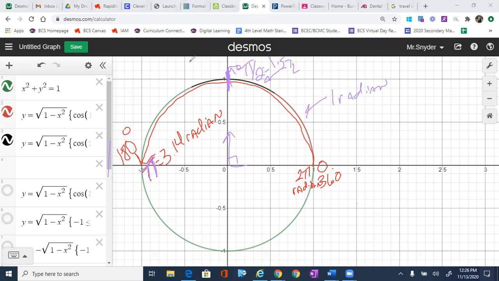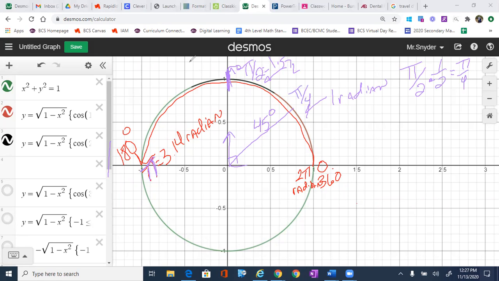Well, what if I wanted to go to 45 degrees? One thing I do know is that I could take pi over 2, which is 90 degrees, and cut it in half. Pi over 2 times a half is pi over 4. So 45 degrees would be pi over 4.